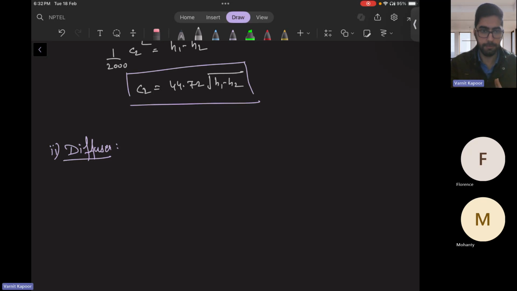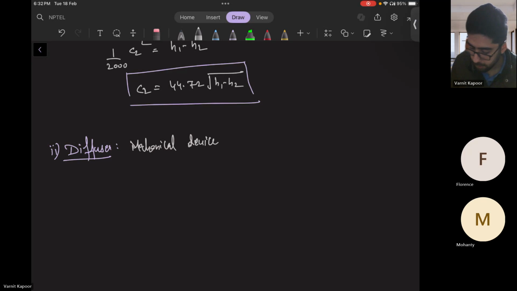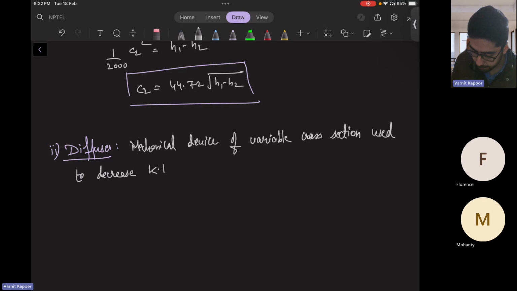Just opposite of a nozzle. A mechanical device of variable cross section used to decrease kinetic energy with increase in pressure energy.